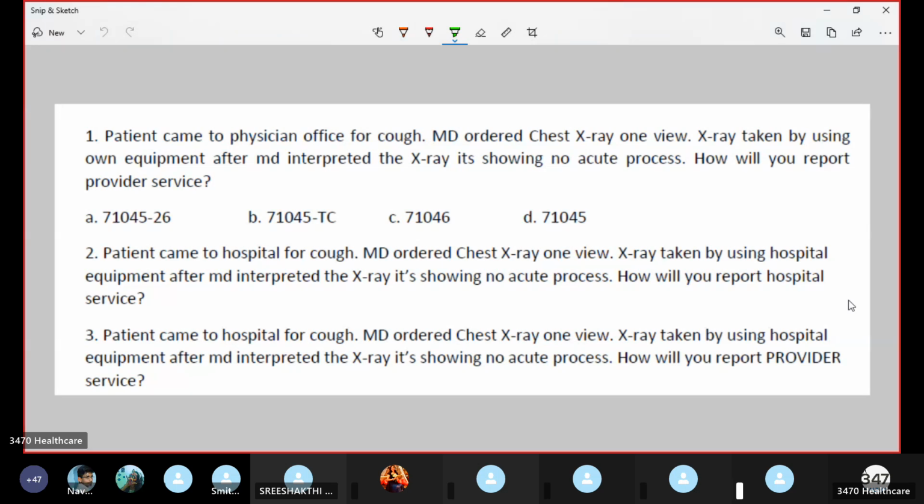Please give the 3 question answers with modifier.